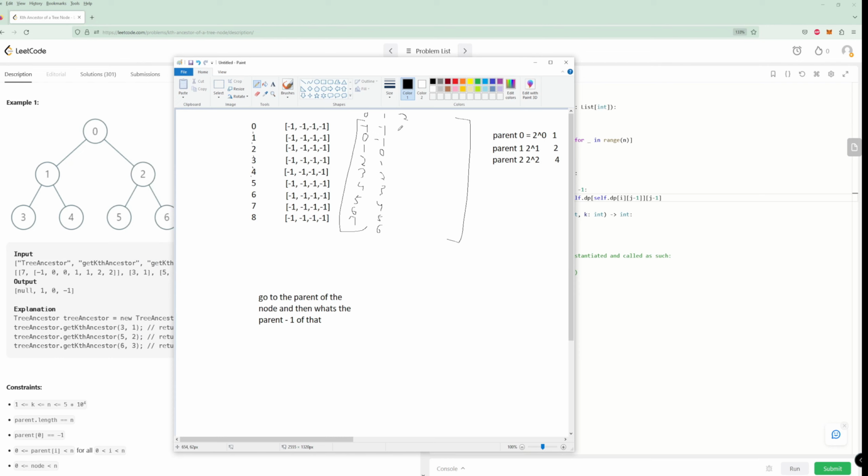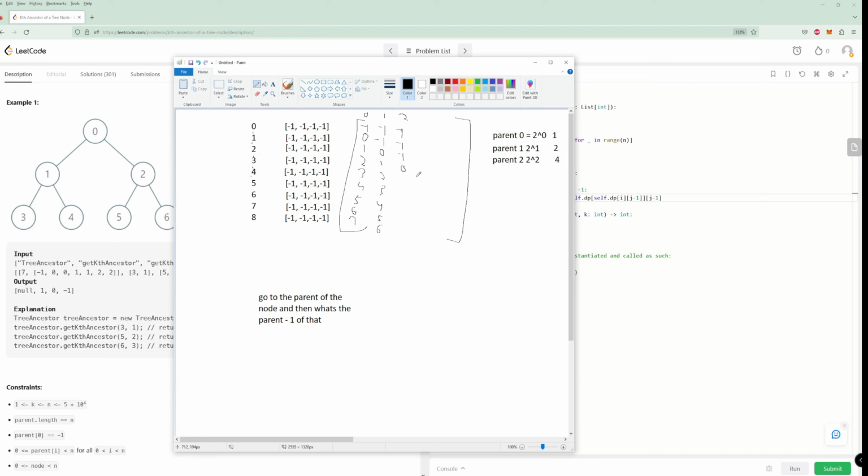Anything -1 is going to stay -1 because we're traversing up. But for 2, because its previous parent is 2 nodes above, because we're at index 2, you could see that this difference is 2. This is going to go up here, and it's going to ask what's its parent? -1. Then 3 is going to go up to, what's its parent? 0.